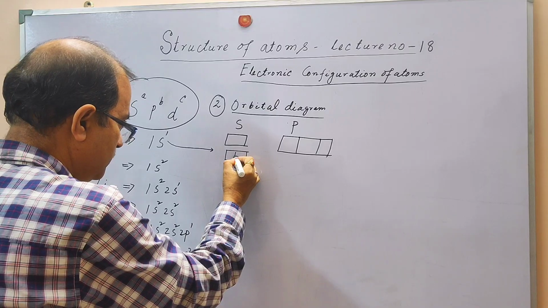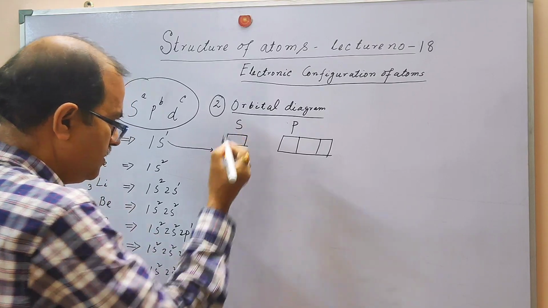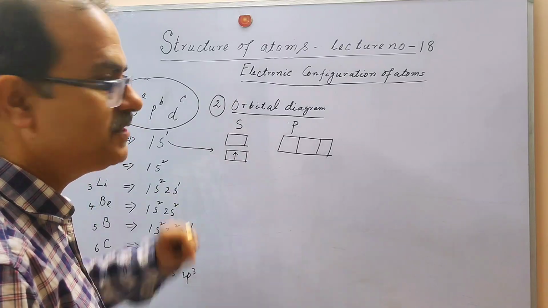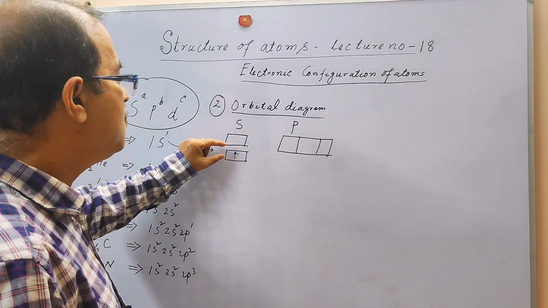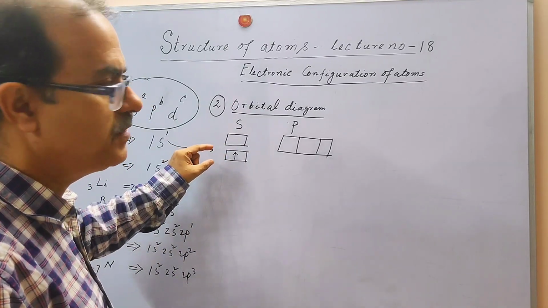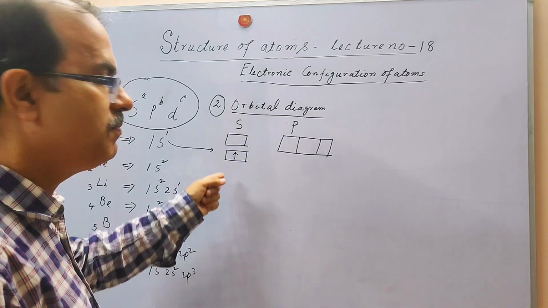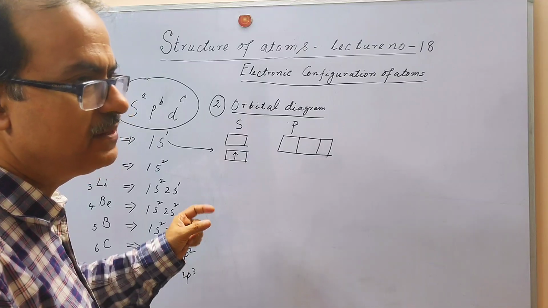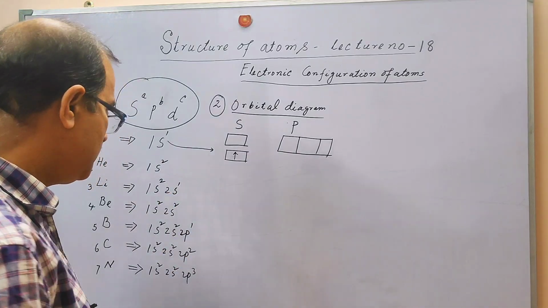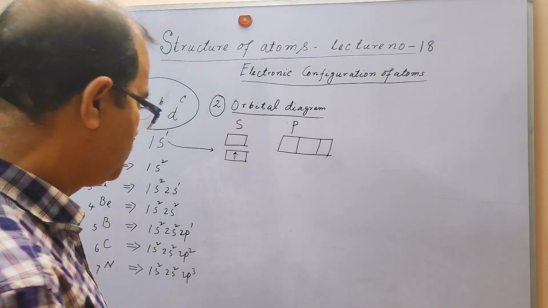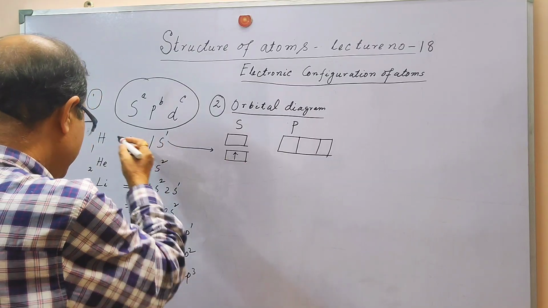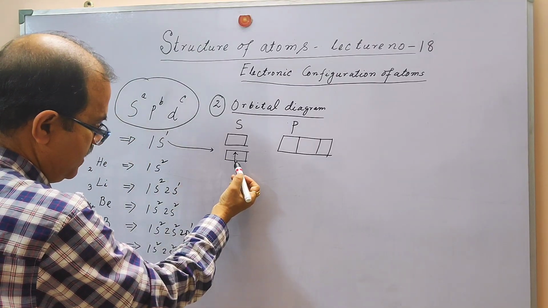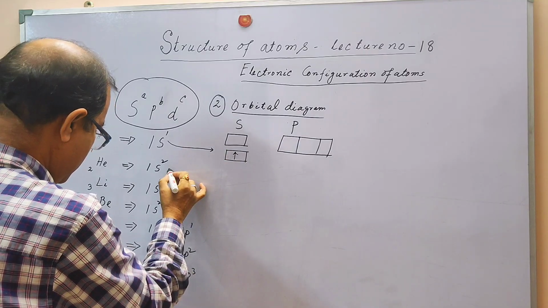We put the electron in this fashion, with this upward arrow, and when the second electron is in the same orbital, we have to give the downward arrow, which represents the positive spin or the negative spin. So in the orbital diagram, we can represent hydrogen this way, with only one electron.